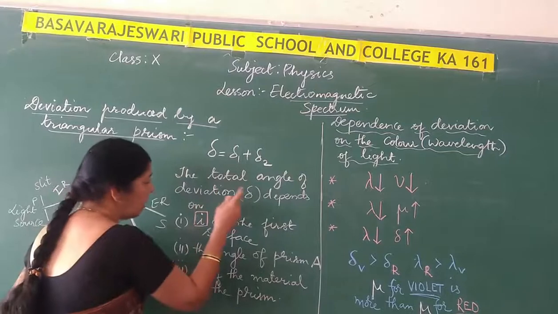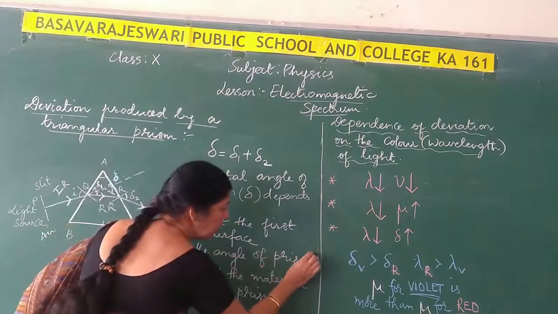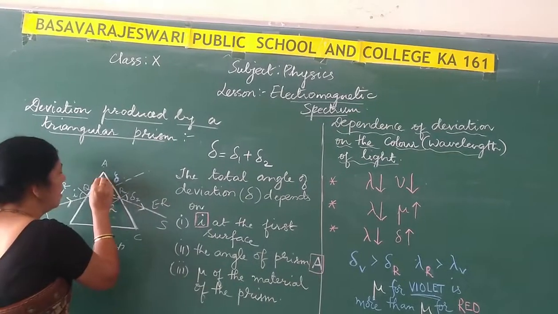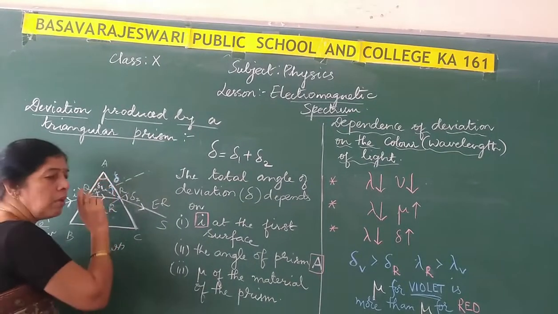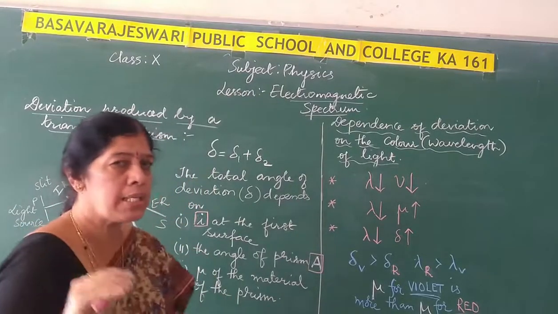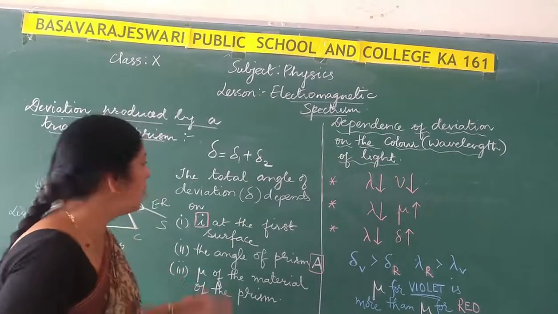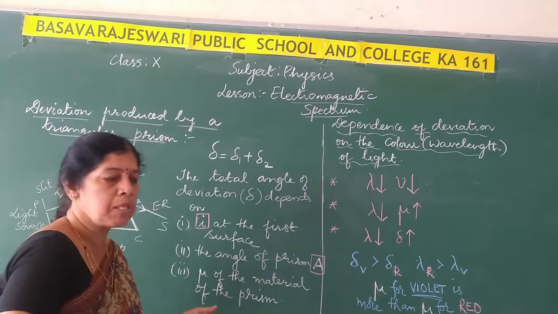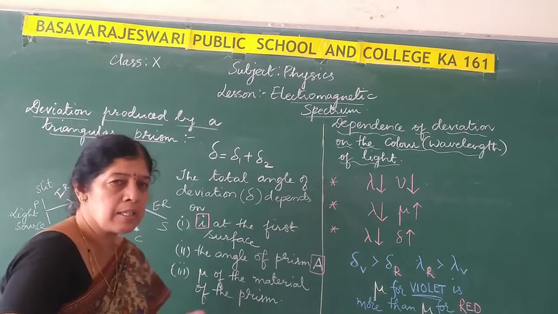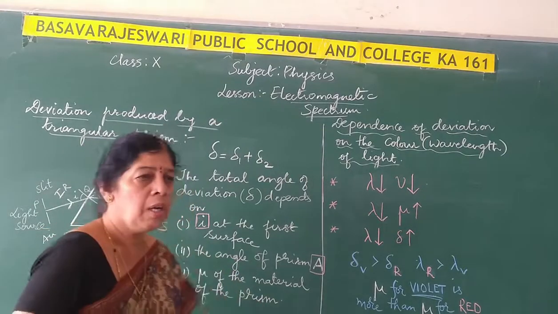Then, the angle of deviation depends on the angle of prism. Angle of prism is this one here, I have shown here. So if you take an equilateral prism, then the angle of prism will be equal to 60 degrees, is it not? And moreover, not only equilateral prisms, we have various other types of prisms like 30, 60, 90, right angle isosceles prisms we have.